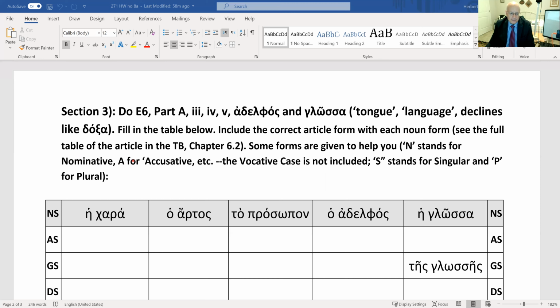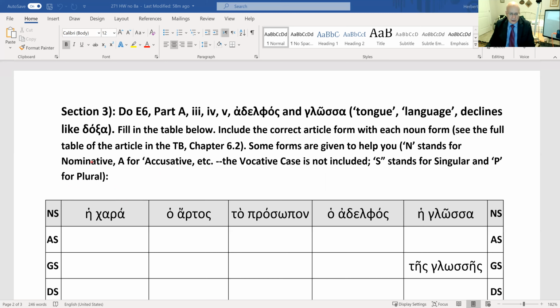Sophia, wisdom, also a girl's name. Not surprising, because these are feminine words. Phone, voice or sound, and then again a verb that goes with chara, joy, chairo, which I suppose may also have something to do with the city in Egypt, where it gets its name. I suspect that's where it gets its name. I'm not certain.